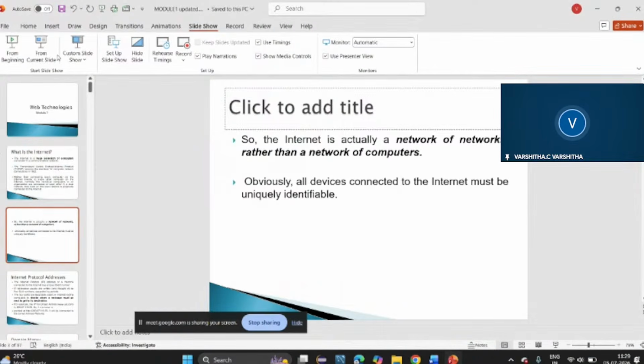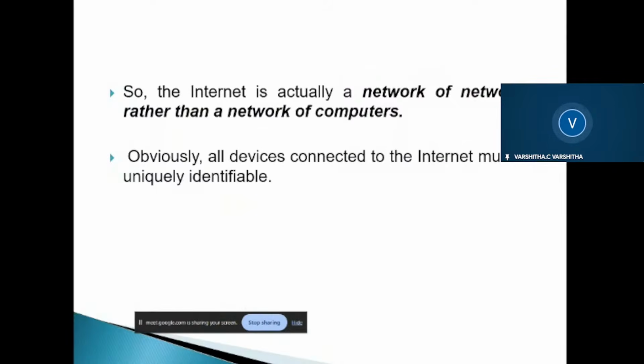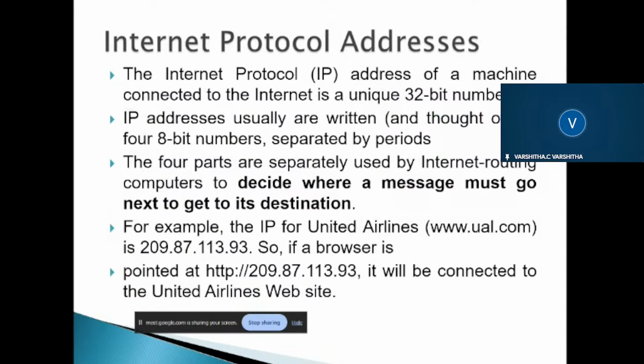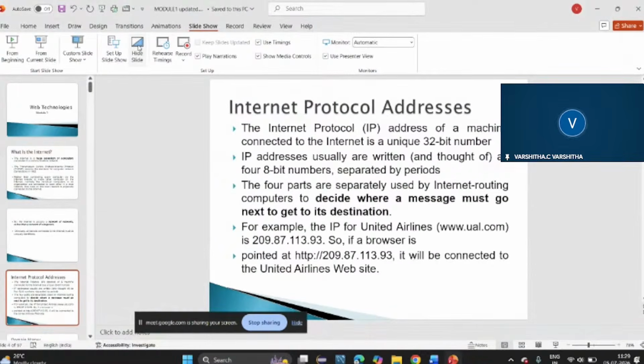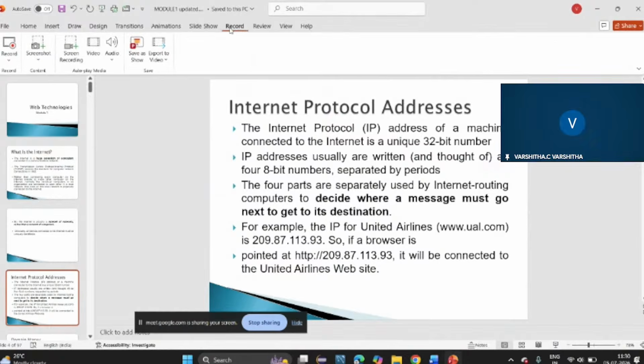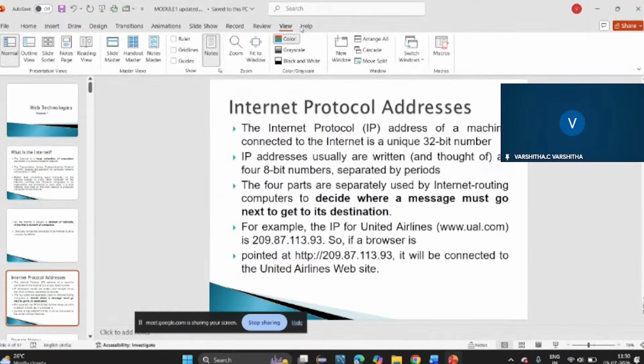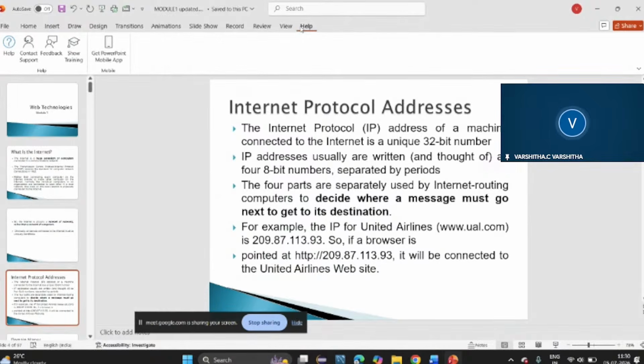Otherwise it's going to start from the beginning. From the current slide, we are in slide number 3. It is going to start from slide number 3. You can hide these slides also. Everything can be done. Recording, review, view, and everything is the same here.